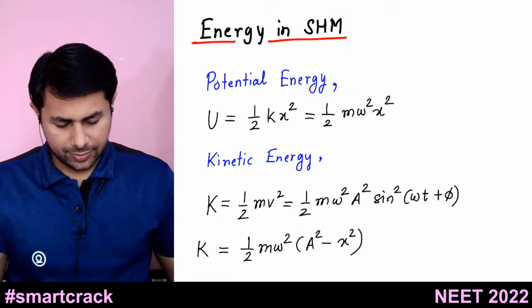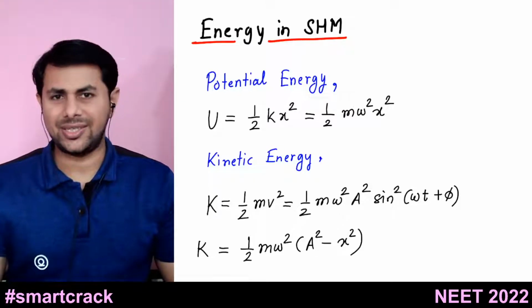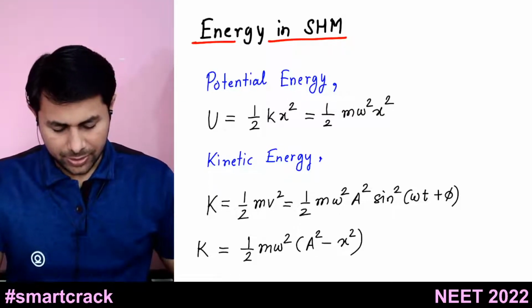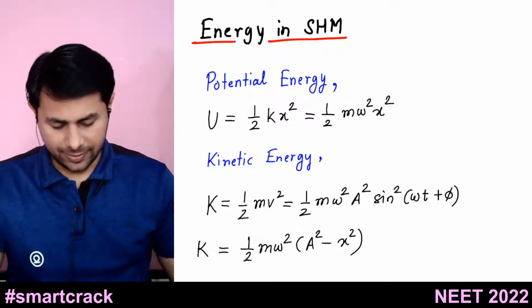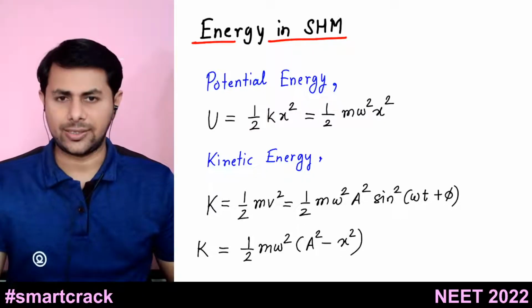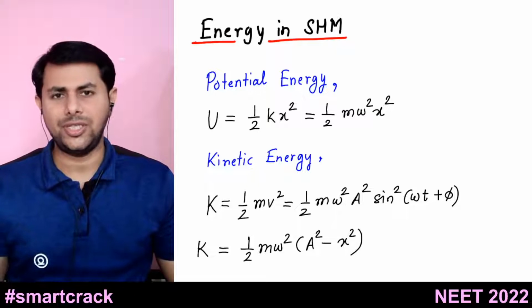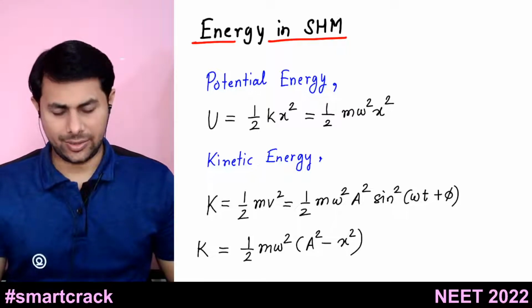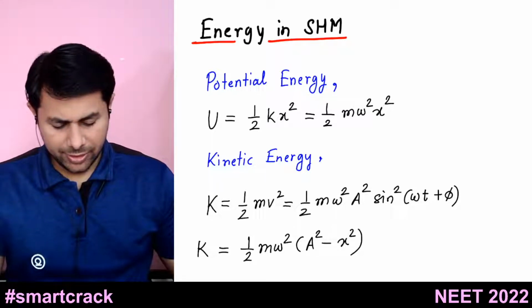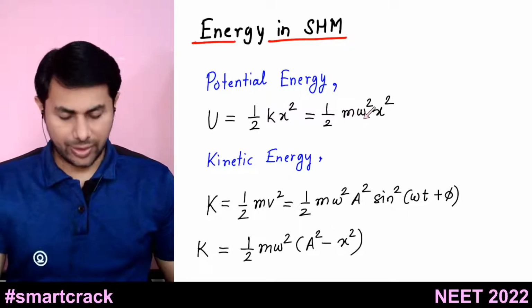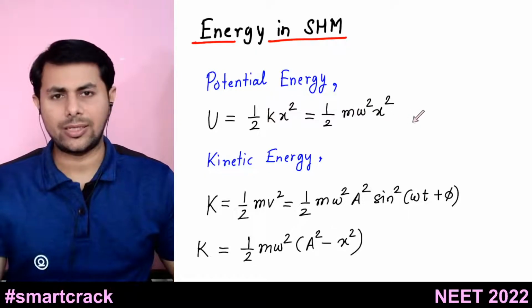All right, after that, let's talk about the energy in SHM. So the potential energy of SHM is half k x square, and it's basically the potential energy of the spring. Okay, then if you substitute k equals m omega square, you will get half m omega square x square.